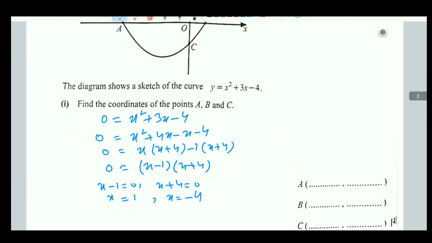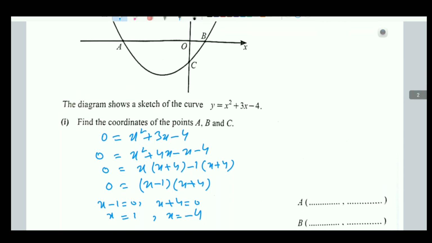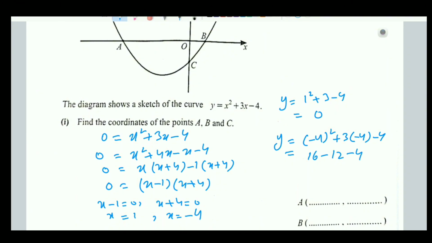So by using these values, we have to find the values of y by putting them in the original equation. If we put 1 in the equation, we will get 1 squared plus 3 minus 4, which is 0. And now we will put x is equal to minus 4: minus 4 squared plus 3 times minus 4 minus 4 is equal to 16 minus 12 minus 4.